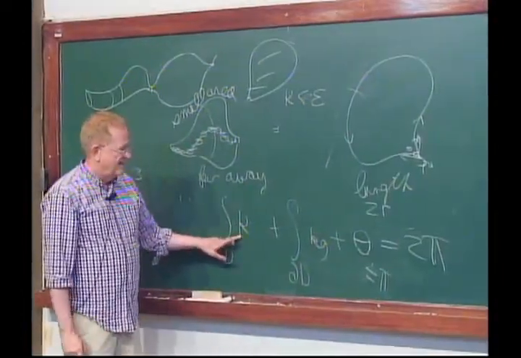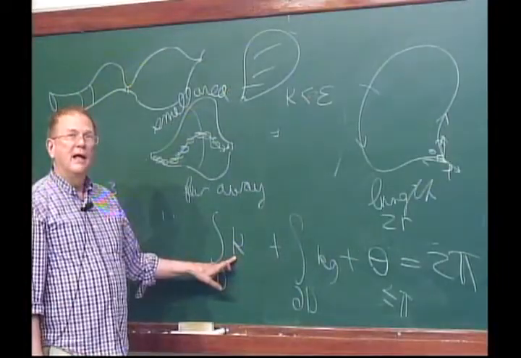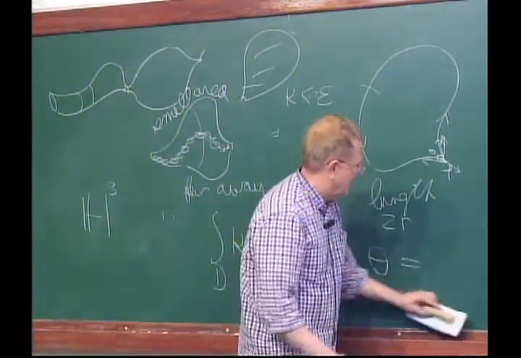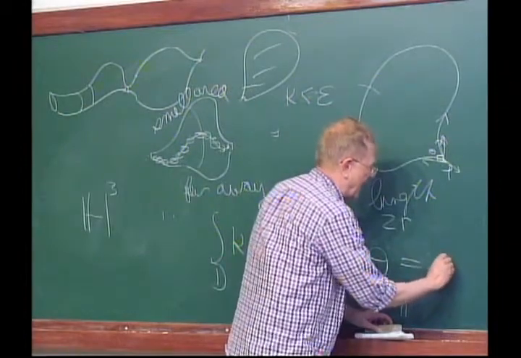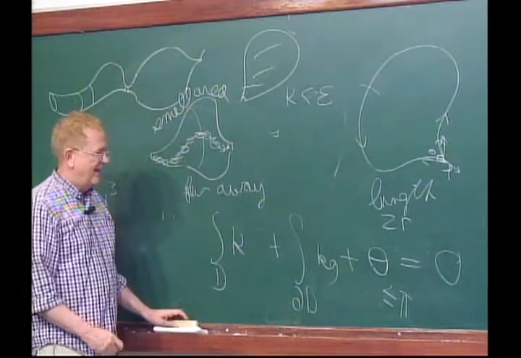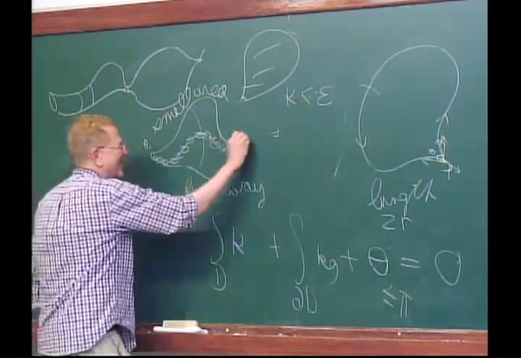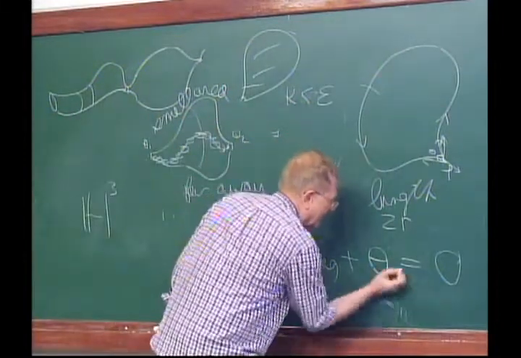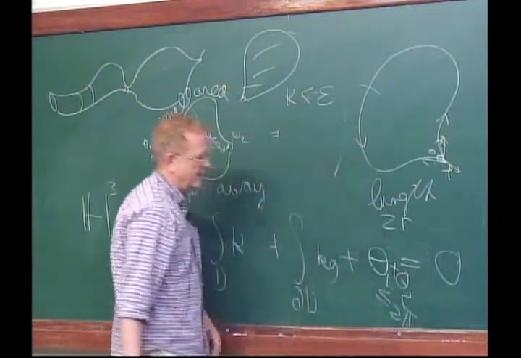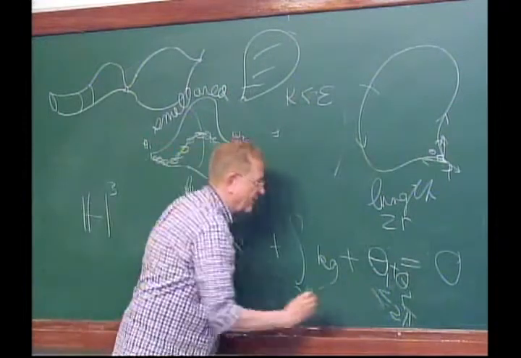So what were you saying, Harold? Oh, right. If we did an annulus, and we're not doing this one, we're doing the annulus. The Euler characteristic of the annulus is 0. So you're right, I should have put a 0 here. Theta 1 plus theta 2 is less than or equal to 2 pi.